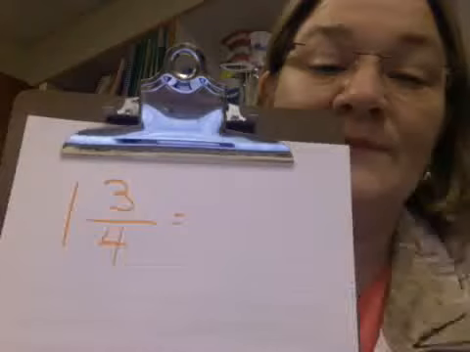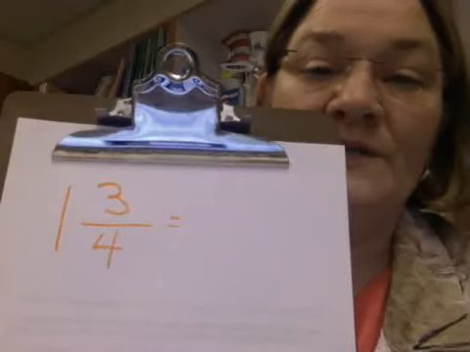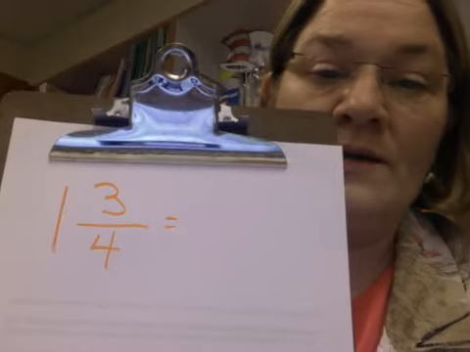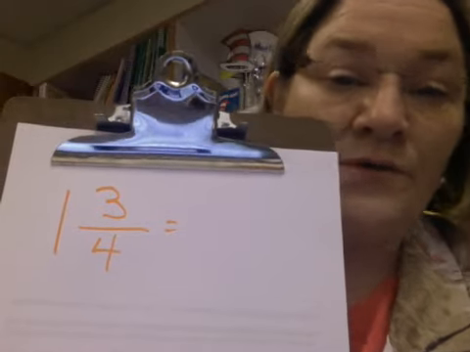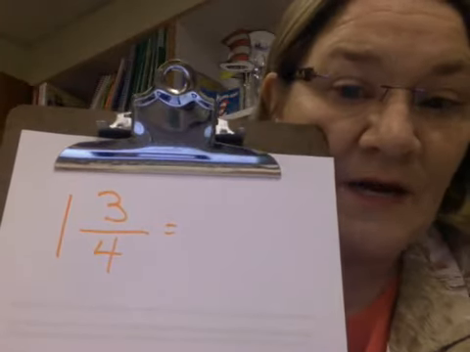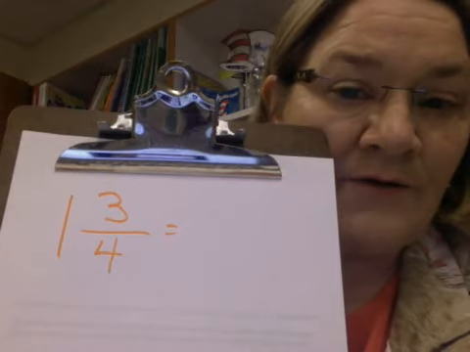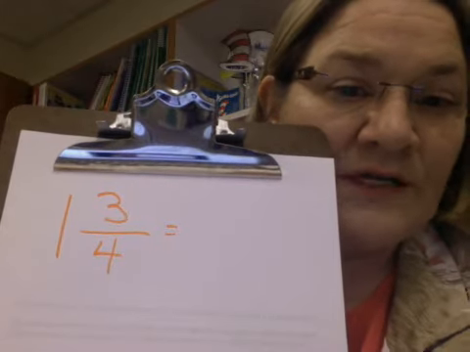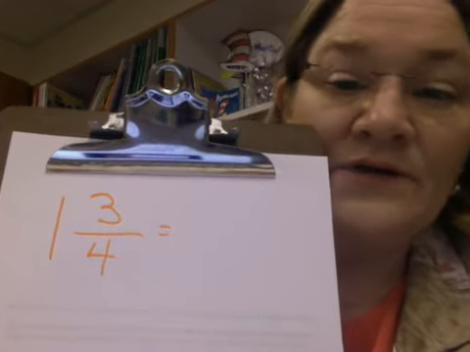All right, let's take another number. Let's take 1 and 3/4. We need to write that as a decimal. This is going to require us to do a couple things. One is we need to figure out, in order to write something as a decimal, it has to have a denominator that is a 10 or 100 or 1,000, or it continues on, but we're working in tens and hundreds.